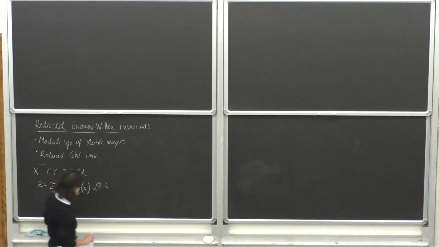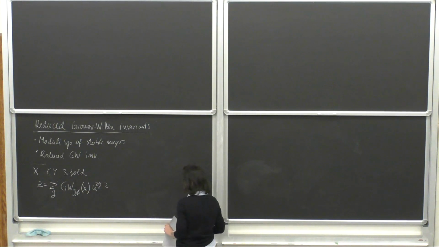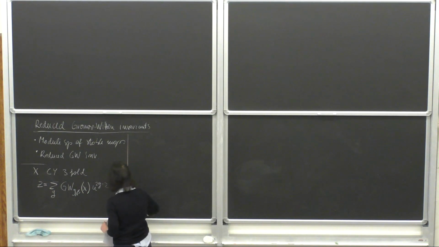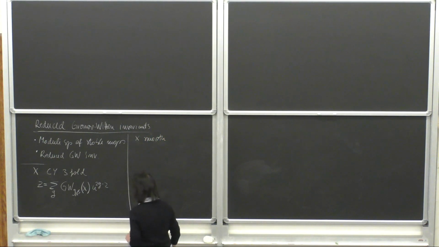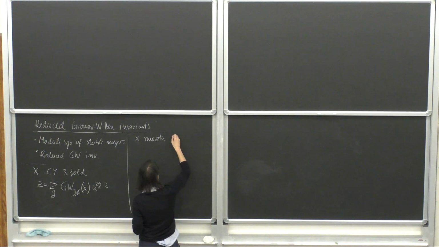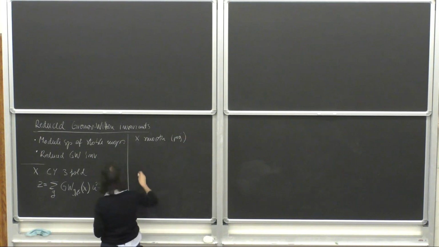And so for me, I will be in a setup which is a bit more general. So for me, X will be some smooth space, so complex space. Probably projective variety. Don't worry too much about that.